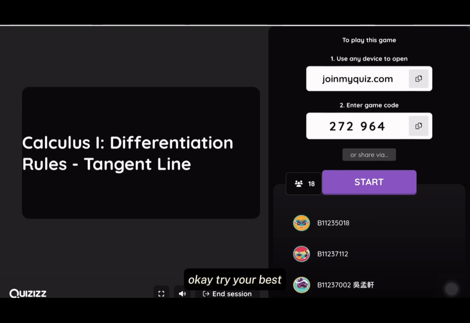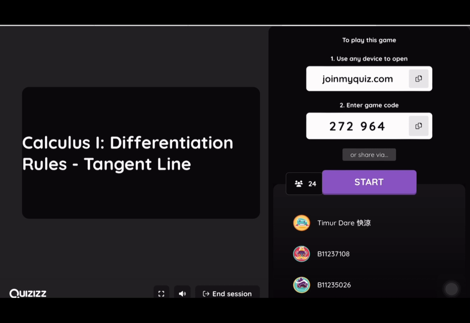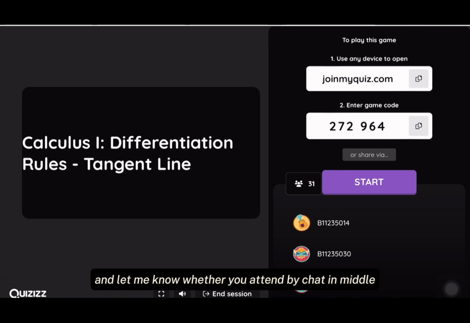Try your best. But if anyone cannot join because there's no device, let me know. You can write on paper, and then you can check the results later. And let me know whether you attend by chat in Moodle. Let me know if you attend this class.